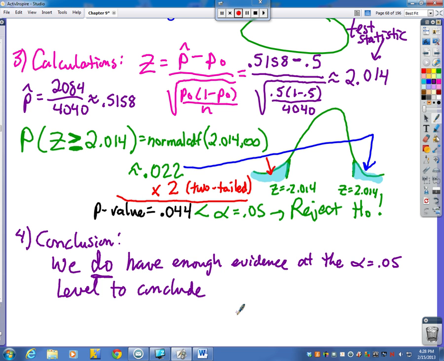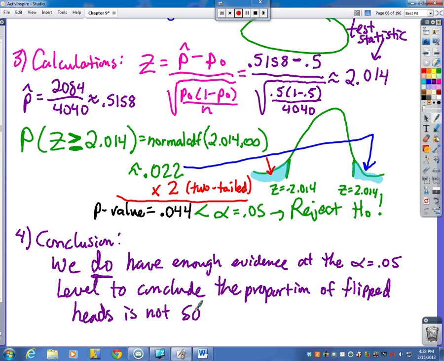So we can either say it that way, to conclude the proportion of flipped heads is not 50%.